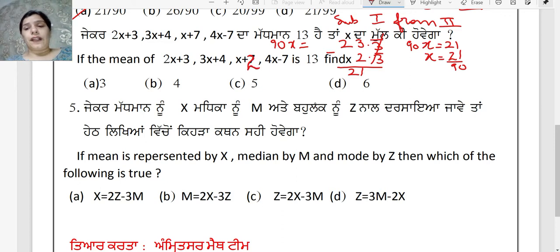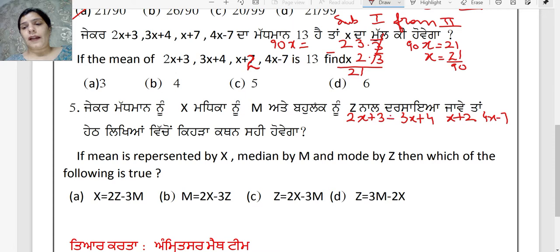So when we have to find the mean, again we will apply the same formula. Mean is equal to sum of observations divided by number of observations. So my observations are 2x plus 3, 3x plus 4, x plus 2 and 4x minus 7.